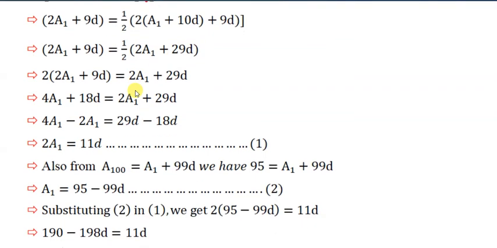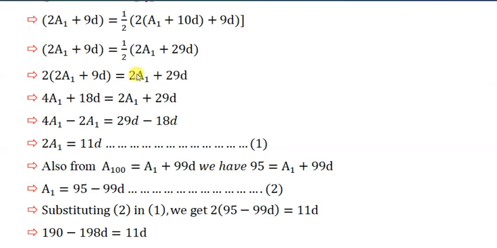And then make this equation linear. Linear means multiply both sides by 2. If we multiply this side by 2, it becomes 2 times 2a1 plus 9d, is equal to, if we multiply this side by 2, the 2 cancels the 2, and therefore we have 2a1 plus 29d.